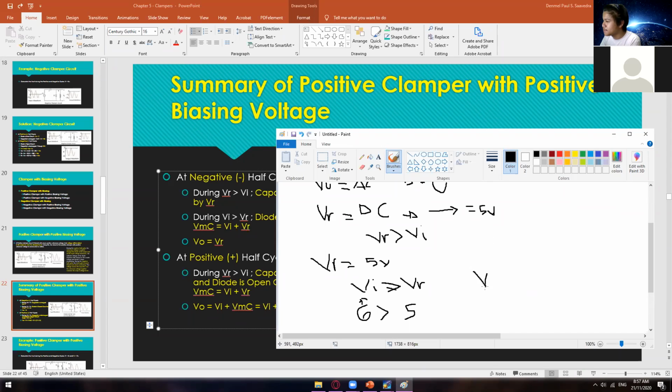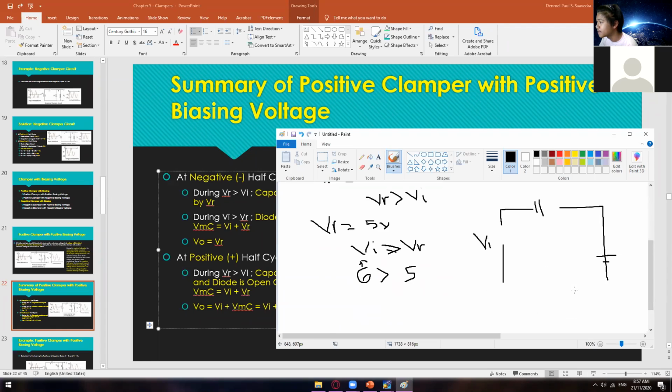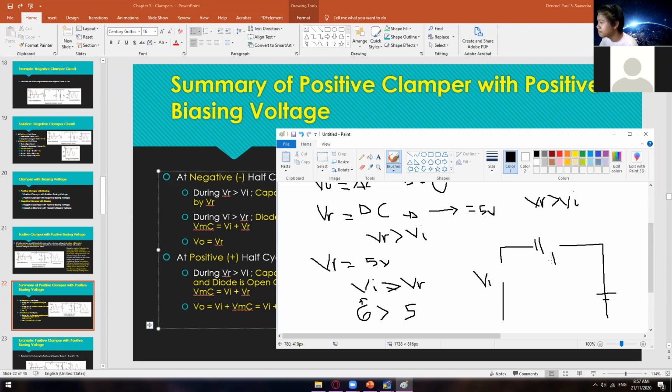Let me just give you a circuit here, the capacitor, and then the voltage. Let's say V sub R is greater than V sub I. This one will be positively charged and then negatively discharged.